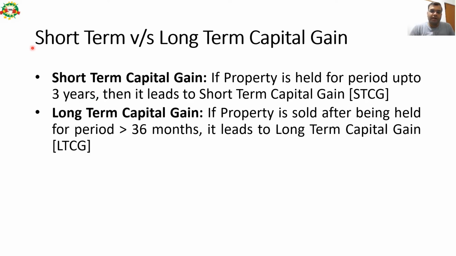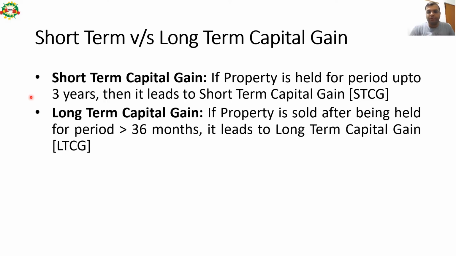So before we start calculating examples and numericals on long-term capital gain, let us understand the difference between short-term and long-term capital gain. If a property is held for a period up to 3 years, it leads to short-term capital gain.